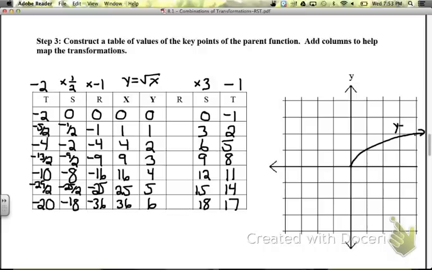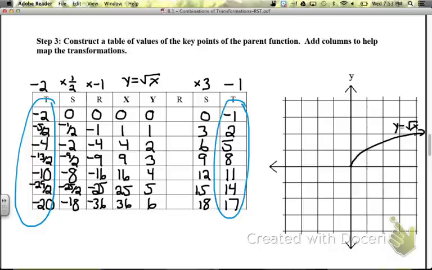And that's our y equals root x. Now we're going to go ahead and graph our new one. So remember, these are our x values and our corresponding y values for each coordinate. The first one we have is -2, -1. The next point I'm going to look at is -4, 5.